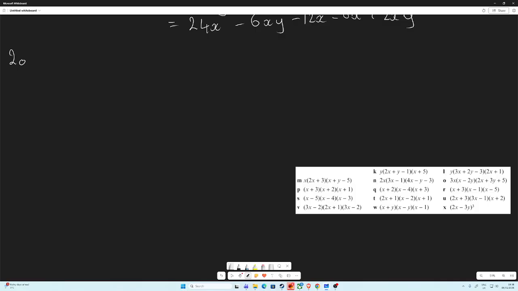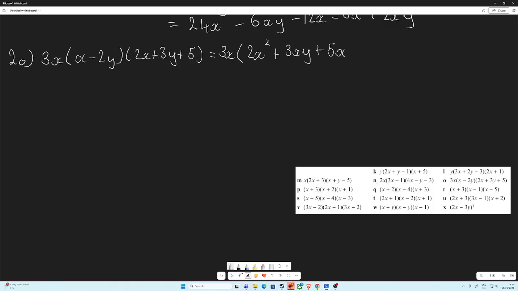2o. We have 3x times x minus 2y times 2x plus 3y plus 5. So that means 3x times 2x squared plus 3xy plus 5x minus 4xy minus 6y squared minus 10y.